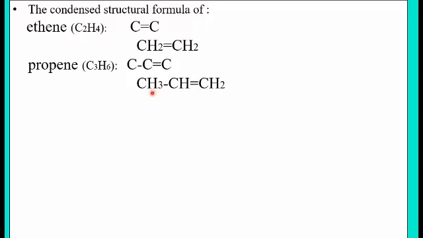Each carbon atom needs 4 bonds to be stable, so it needs 3 hydrogen. The second one makes 3 bonds, so it needs 1 hydrogen to be stable. The third one makes 2 bonds, and it needs 2 hydrogen to be stable.